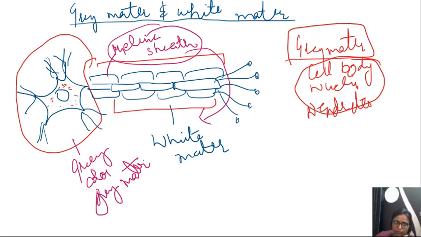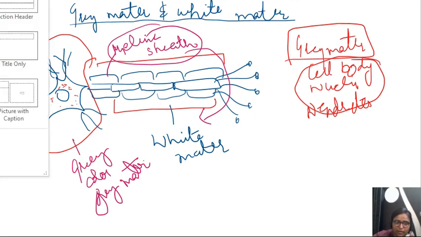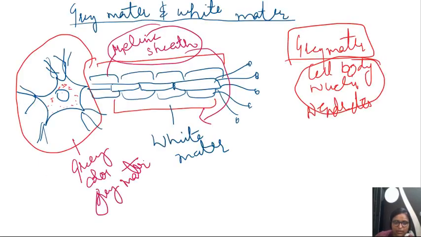Simple. Is there any difficulty up to here, or is it simple? If you have any difficulty, please let me know in the comment section. We'll make it easier. See, now you understand the grey matter and white matter. Okay, we'll move to the next thing.